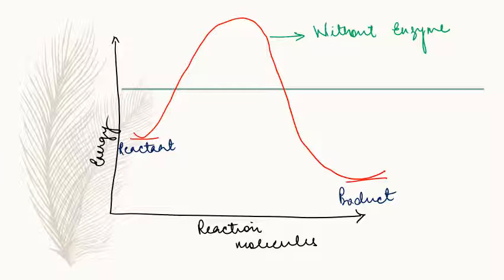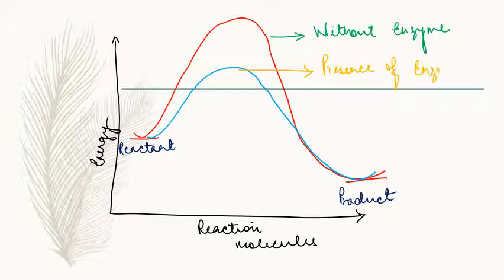Whenever I add an enzyme here, you will see it gets reduced to this. Now this part is basically in the presence of enzyme, right? So you can see the difference here.